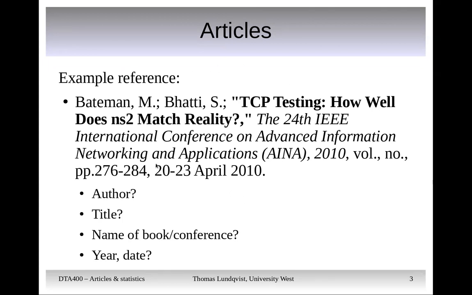Like in this article, the title of it is TCP Testing, How Well Does NS2 Match Reality? And there are two authors, Bateman and Butty. This kind of article you publish at a conference. So before Corona, you traveled to the 24th IEEE International Conference on Advanced Information Networking and Applications somewhere in the world to present your work.